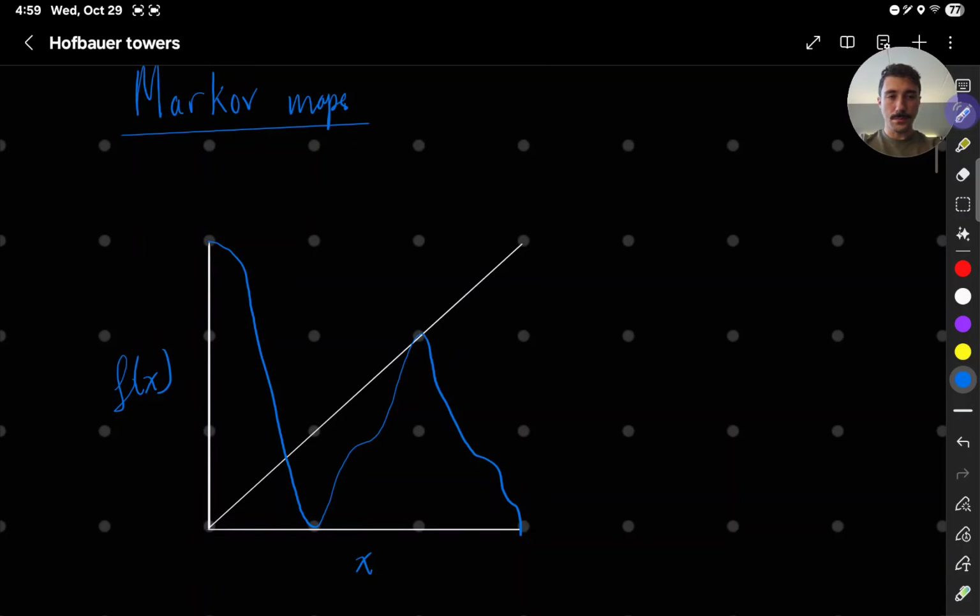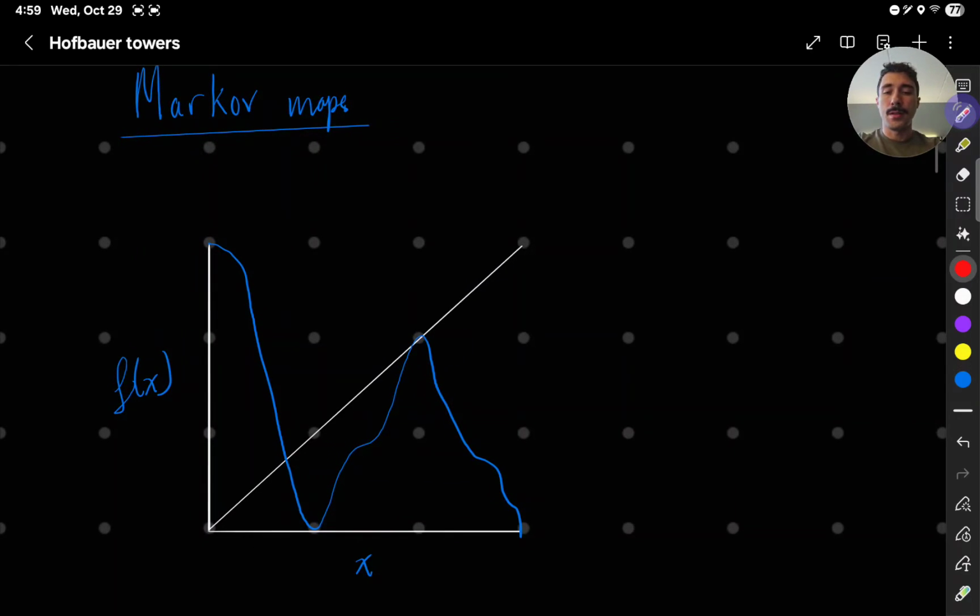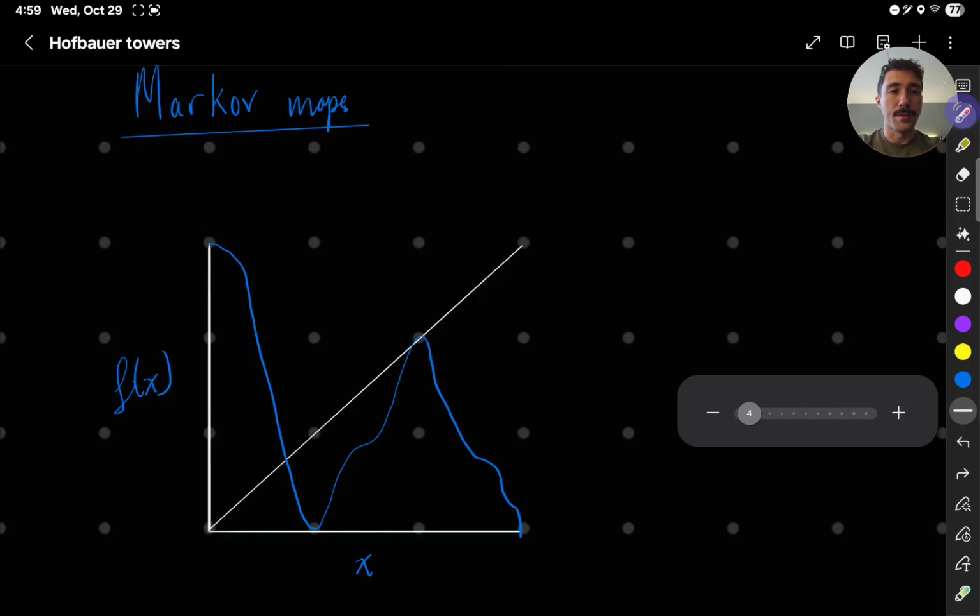So the important part of what makes this map Markov is the critical points. Where do they map? Well, this one maps to this endpoint of the domain. And the other one maps to itself. It's a fixed point.